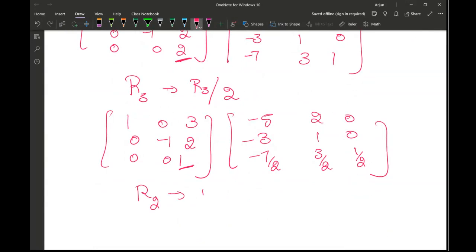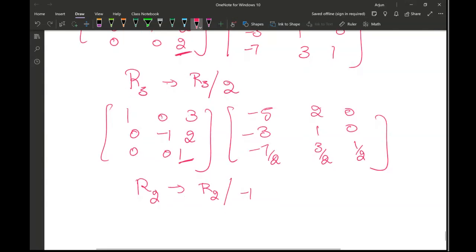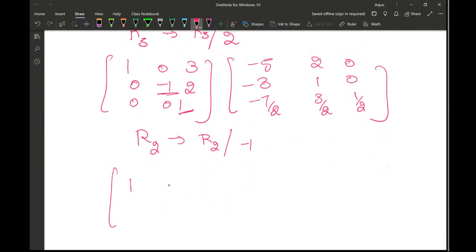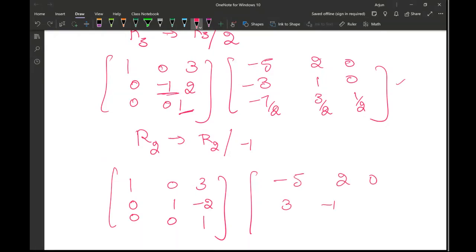On R2 I will apply R2 divided by minus 1, because I wanted to make this one as 1. So 1 0 3, 0 1 minus 2. See, this one is now almost getting converted into an identity matrix. 5 2 0, this will become 3 minus 1 because I'm multiplying this second row with the minus 1.